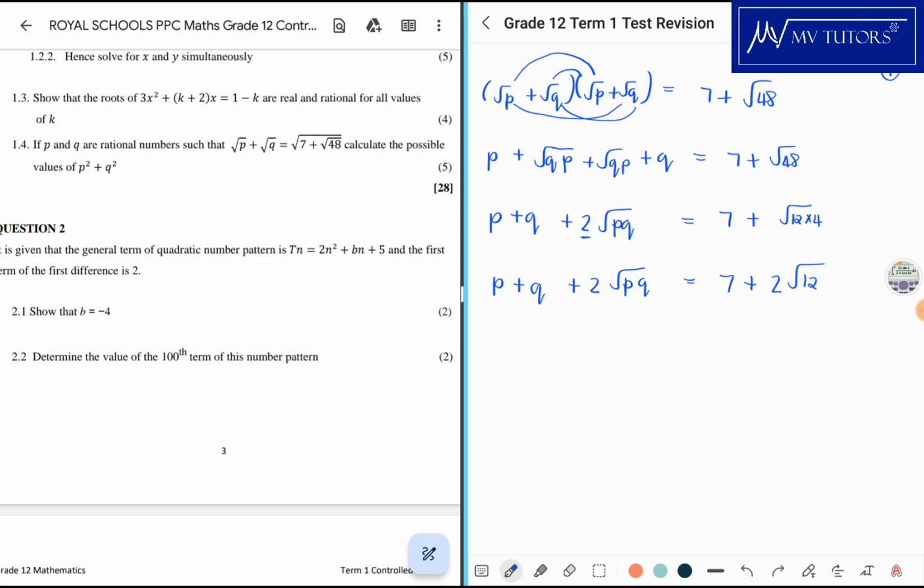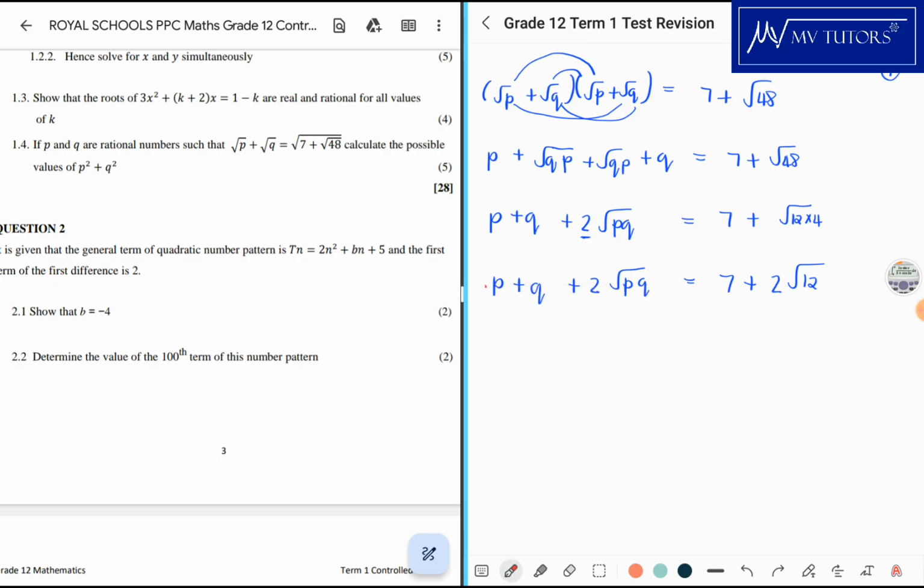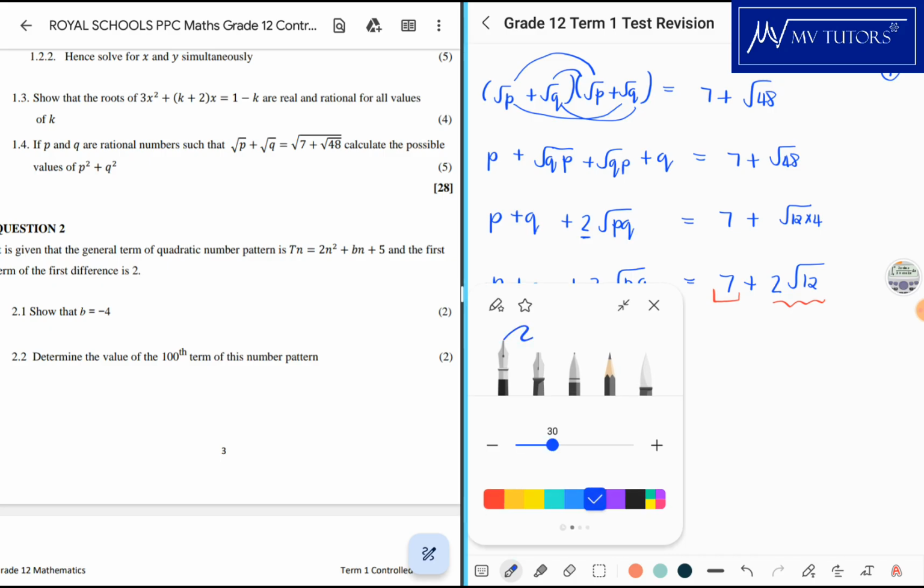Okay. So what I'm doing now, I want to see how I can relate the left to the right hand side. On the left hand side, I have p plus q. I can say that is equal to 7. And then I have a 2 root pq, and I can equate that to 2 root 12. Okay, you are allowed to do that.